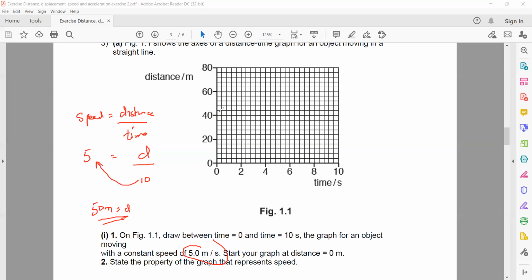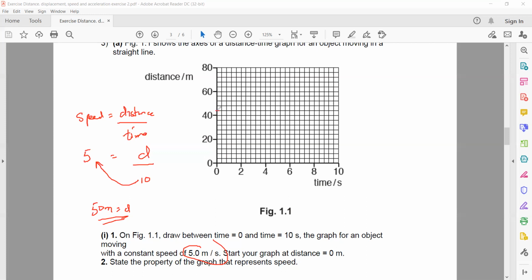So when it is at 10 seconds, it will cover 50 meter. Each box is representing 4 basically, not 2, because 10 boxes equals 40.